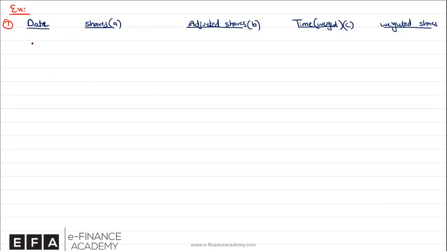So we had 1 million shares that were outstanding from the beginning of January until December. So if you notice, that's the entire 12 months out of 12 months. So we can say time, they were outstanding 12 divided by 12, which is 100%. They were outstanding for the entire year.